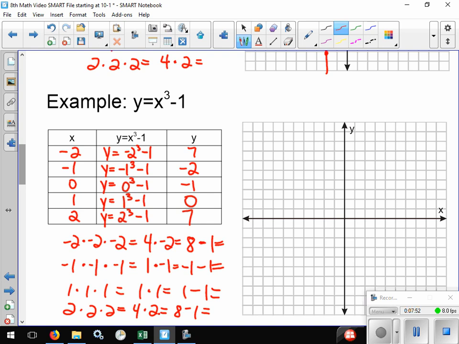Okay, so we have -2, negative, we go left 2 spaces, and up 7. 1, 2, 3, 4, 5, 6, 7. Okay, now we go left 1 space and down 2. 1, 2. Okay, and then we're at 0, -1. Okay, and then we're at +1, 0.